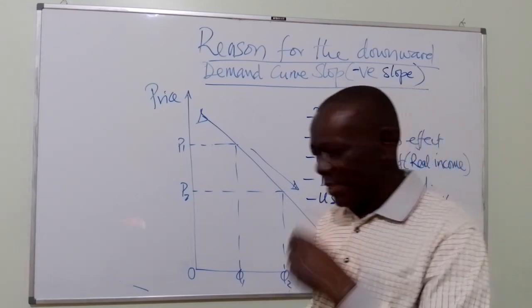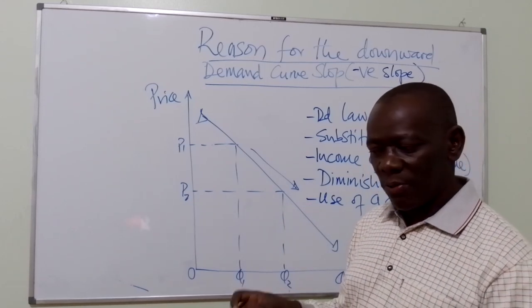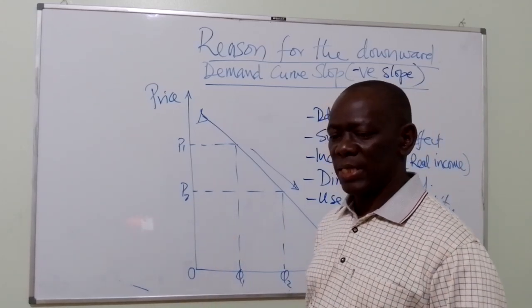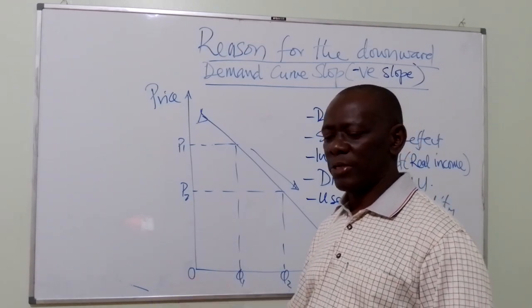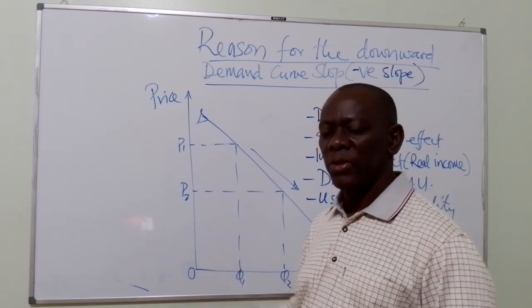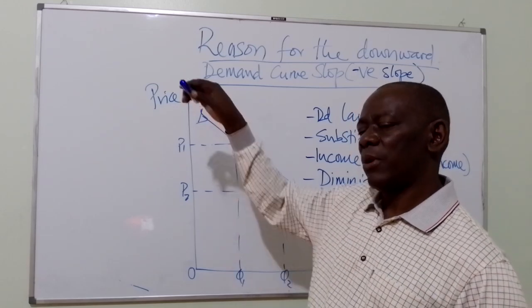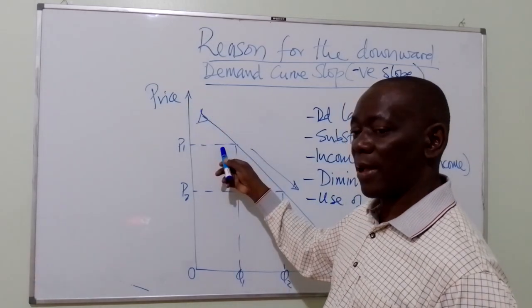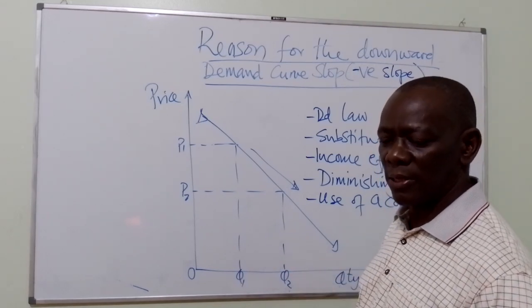So that is another cause of the negative slope. When a commodity has many substitutes, there is competition where some people reduce prices while others remain high, and that leads to a reduction in demand for the one whose price is high, and an increase in demand for the one whose price has gone down.